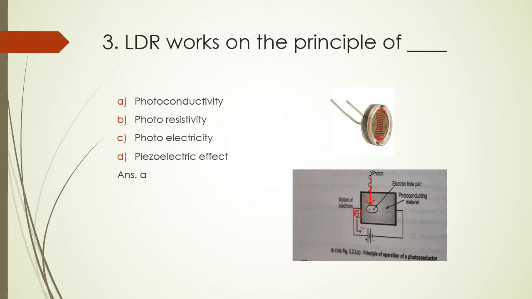That's why we are getting the corresponding current flow here, due to the charge carrier, which is nothing but the free electron. This principle is called photoconductivity, and that's why we can say that LDR works on the principle of photoconductivity.